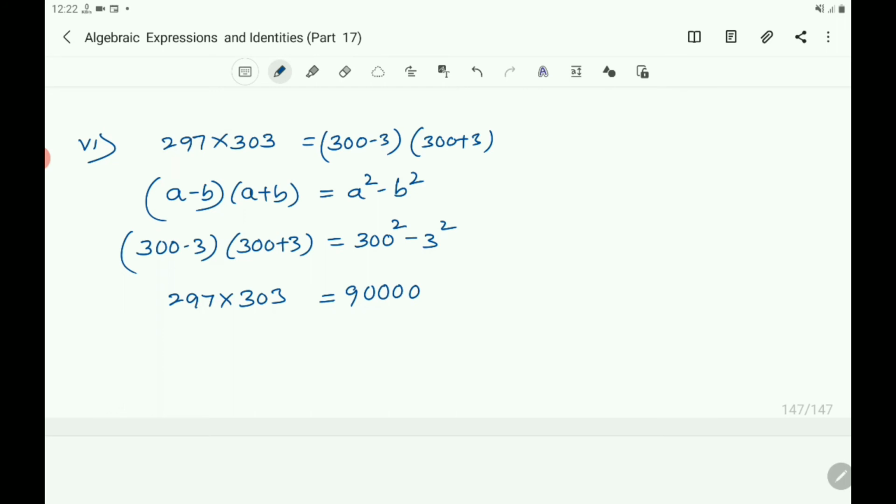So 300 square is 90,000 minus 3 square, which is 3 into 3, that is 9. 90,000 minus 9, you will get 89,991. So 297 into 303 equals 89,991.